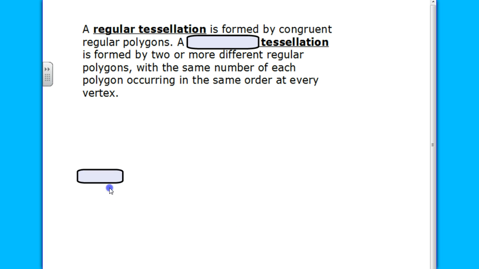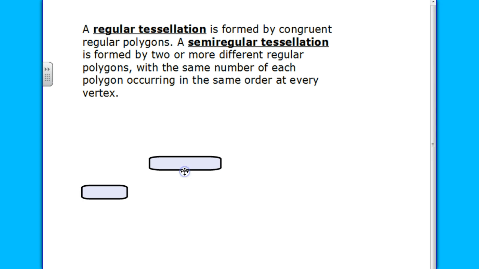So a regular tessellation is formed by congruent regular polygons. And you know what regular means, right? Each side is congruent, and each angle is congruent. A semi-regular tessellation is formed by 2 or more different regular polygons with the same number of each polygon occurring in the same order at every vertex.